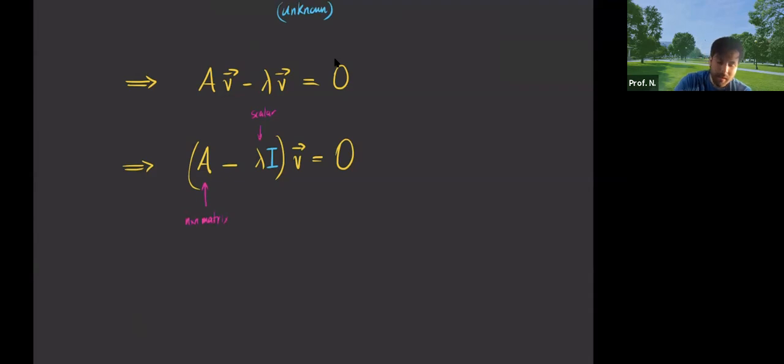Lambda v, is that the same thing as lambda times the identity times v? Well, obviously it is. Why? Because the identity times any matrix is itself. That's the whole point of the identity, right? When you multiply it by a vector or a matrix, you get back that vector or matrix. So this does equal v.